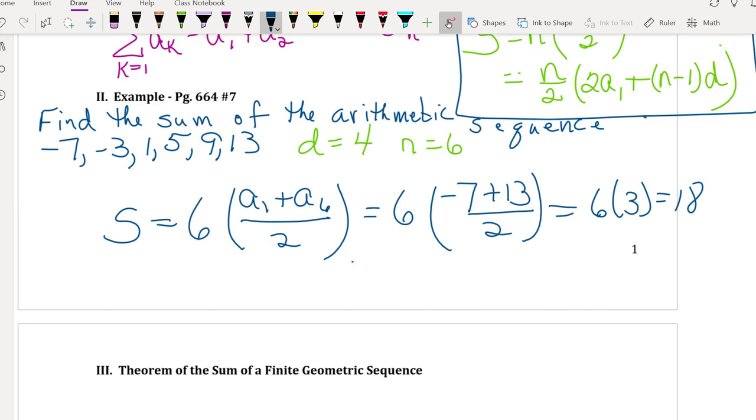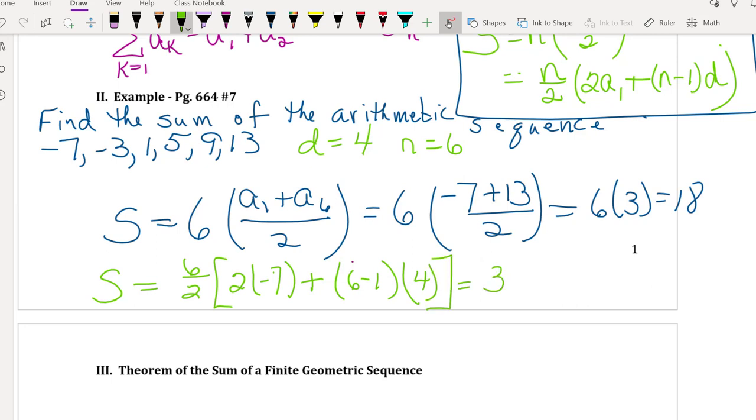We could also, just to show you, have used the other formula. So we could use 6 over 2 times (2 times negative 7 plus 6 minus 1, because there's 6 terms for n, times 4).